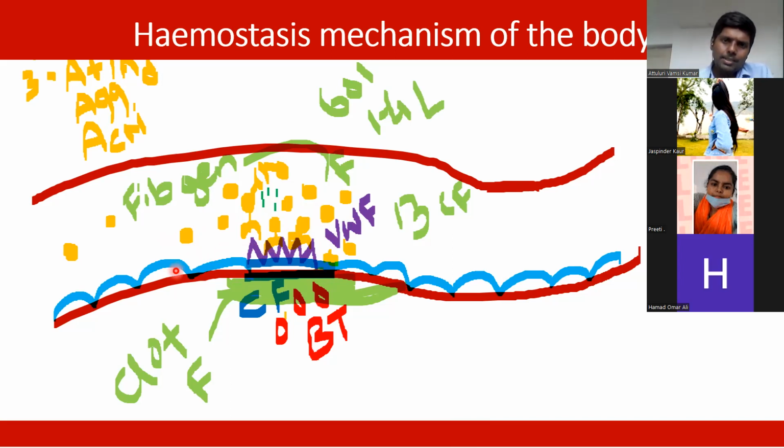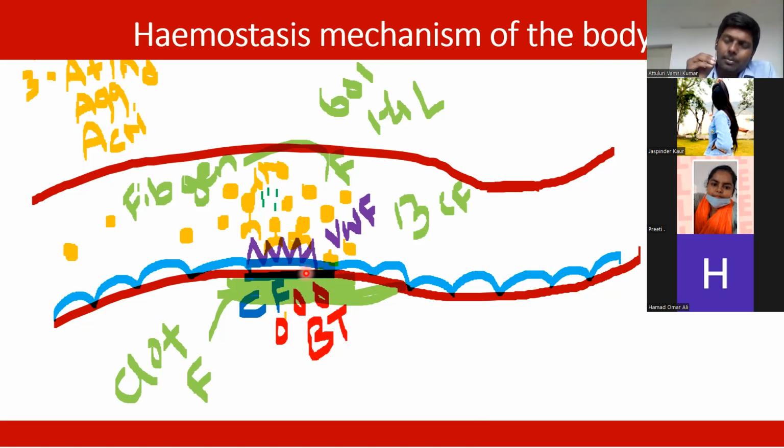Now platelets will show 3 important properties. One is attachment, after that, aggregation. The attached platelets will release certain cytokines. Now many platelets will get attached at this site. Upon aggregation, so many platelets came and aggregated. Upon aggregation, they will temporarily stop the bleeding, and this is called primary plug formation.